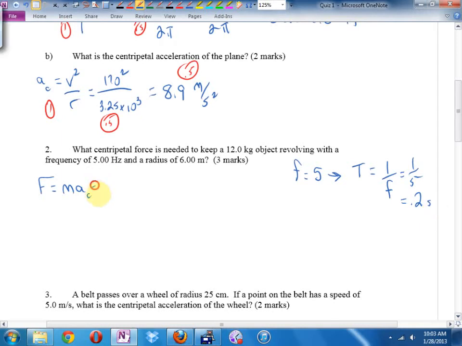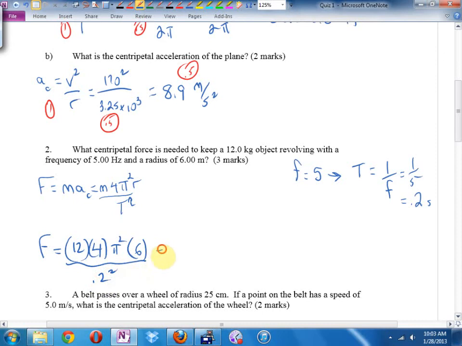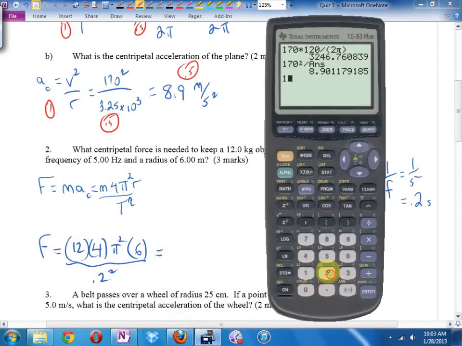So they did give me the period. I'm going to use the m 4 pi squared r over t squared. I'm going to use the m 12, 4 pi squared 6 over 0.2 squared. 12 times 4 times pi squared times 6 divided by 0.2 squared.